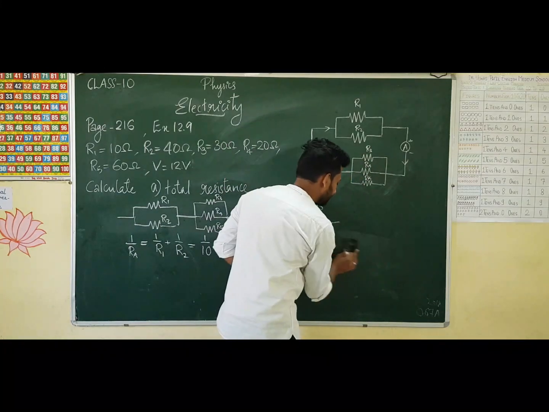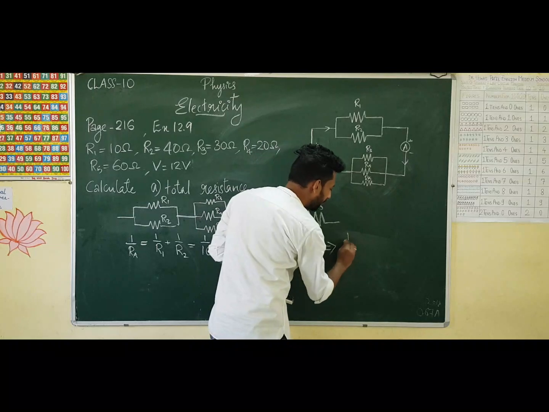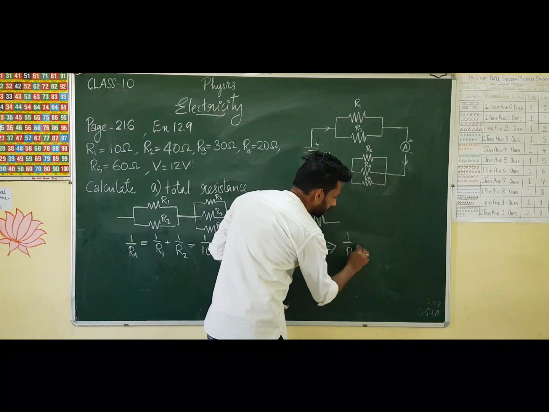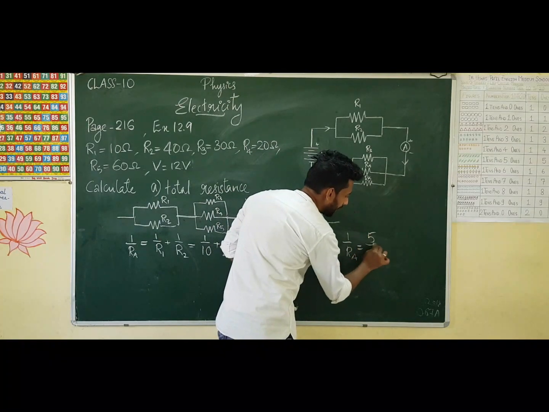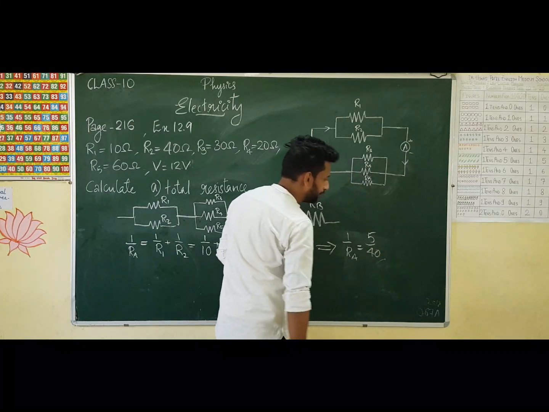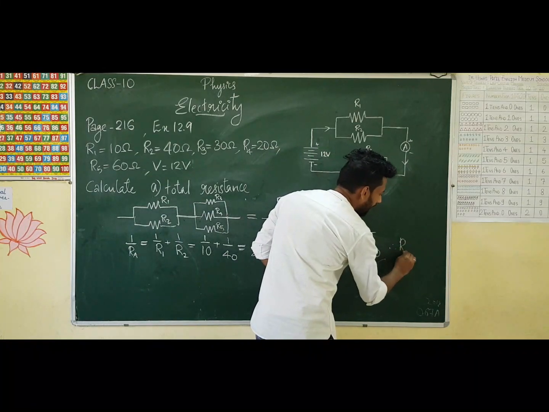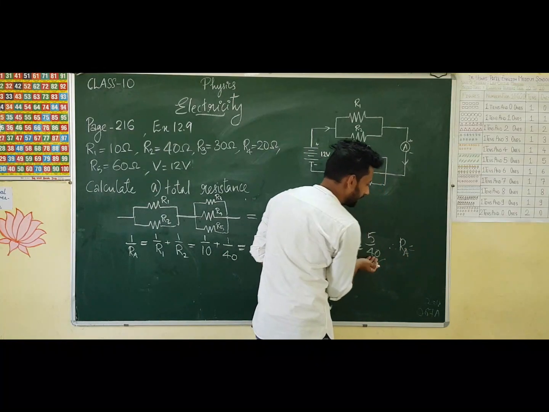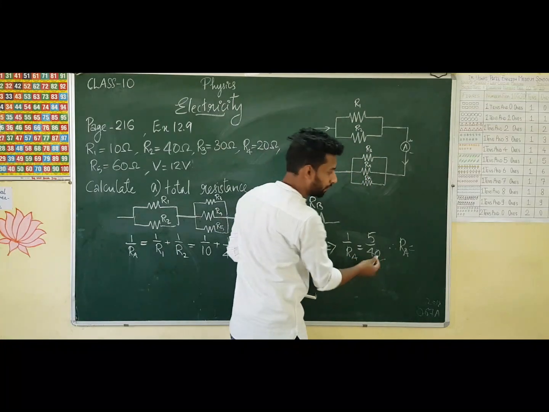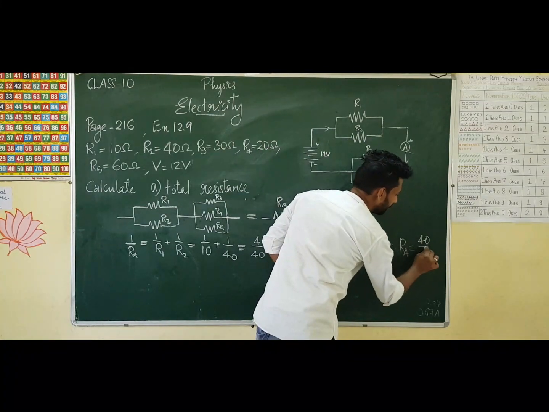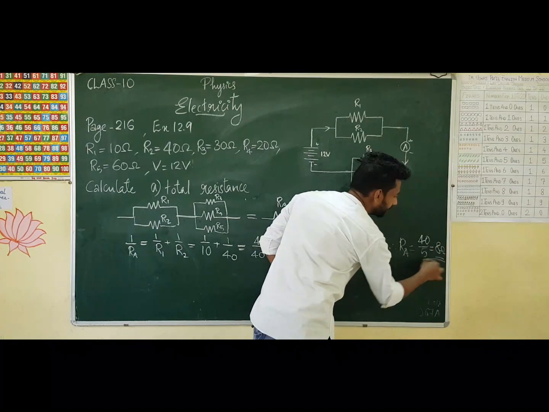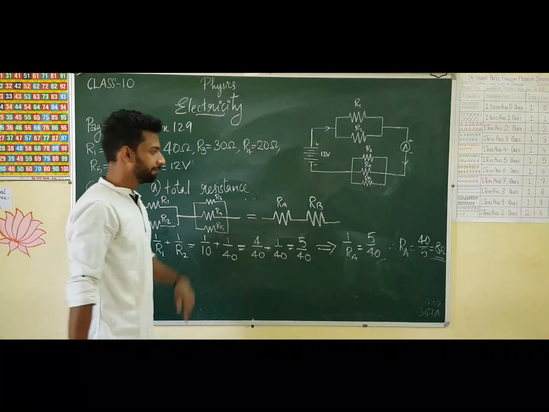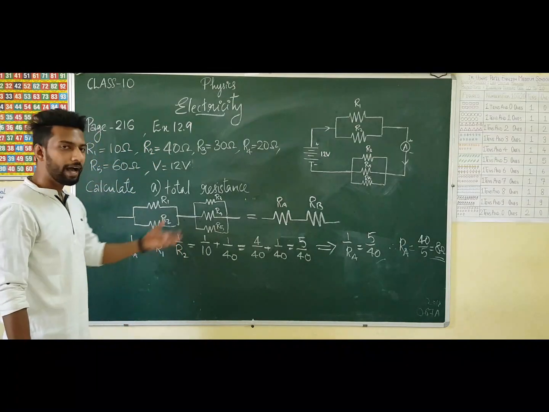If you have confusion, always write: 1 by Ra equals 5 by 40. Therefore, Ra equals the reciprocal of this, that is 40 divided by 5. What is 40 by 5? That's equal to 8 ohm. So we got Ra. Similarly, we can calculate Rb.